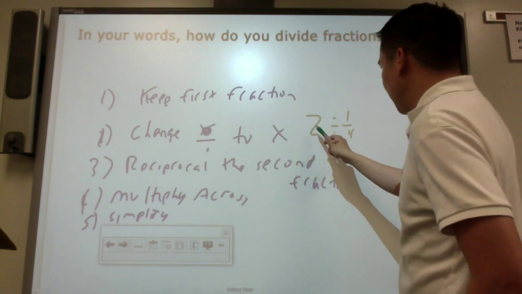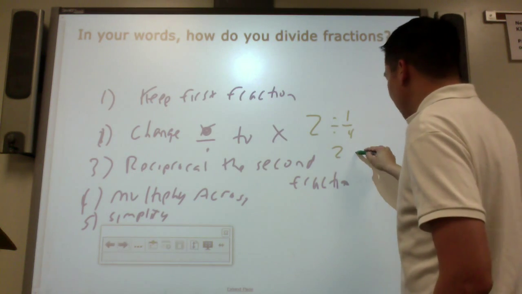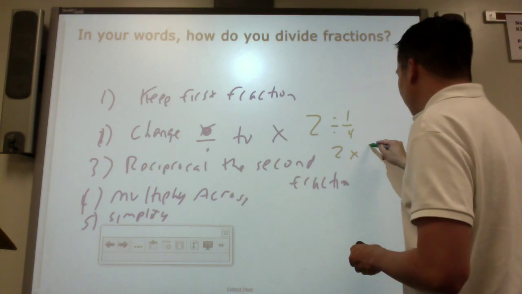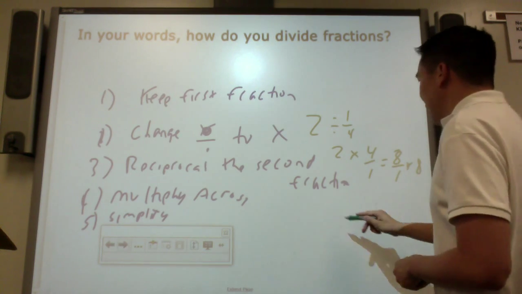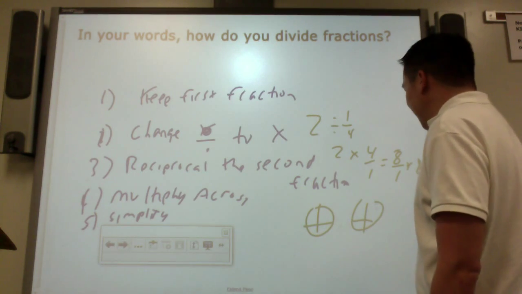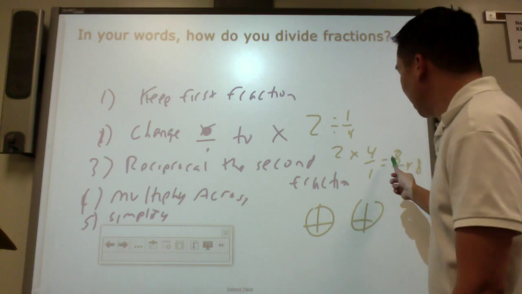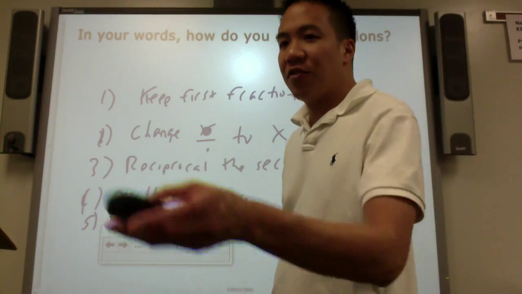So keep the first fraction, change the division to a multiplication, and do the reciprocal of the second one, 4/1. 2 times 4/1 is 8/1 or 8. Let's see if that's correct. Here's 2 pizzas. How many fourths are there in it? 8 fourths. So 8 groups of fourths. So it is true. So that's how you divide fractions.